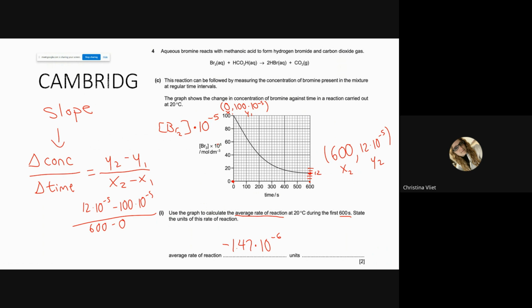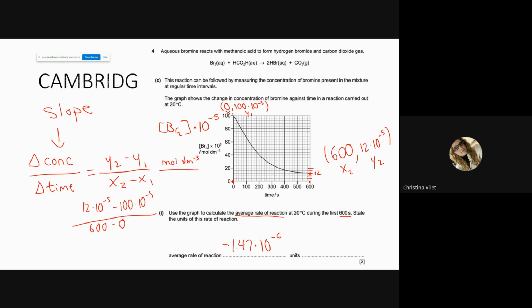What are the units here? Top is mole dm minus 3.